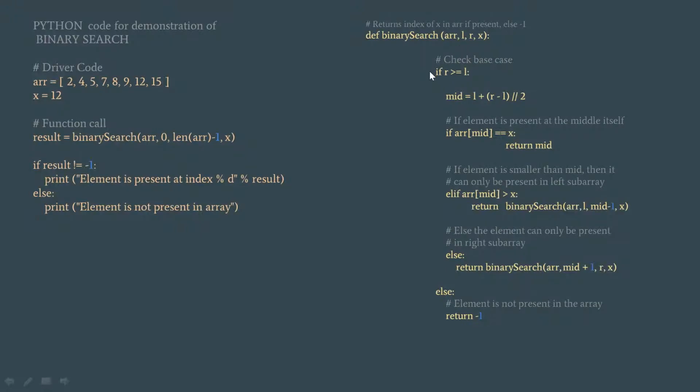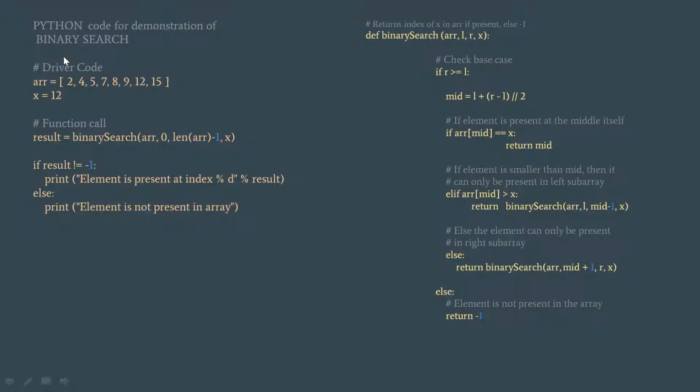So let's understand how this function works. It takes things from here and stores them here. Now we check our base condition: if r is greater than l. What is r? R is actually the array length minus 1. So what is the array length? The array length is 1, 2, 3, 4, 5, 6, 7, 8. 8 minus 1 means the last index of the array.